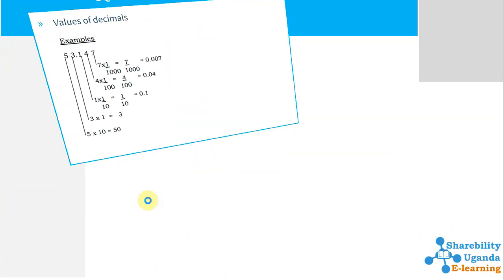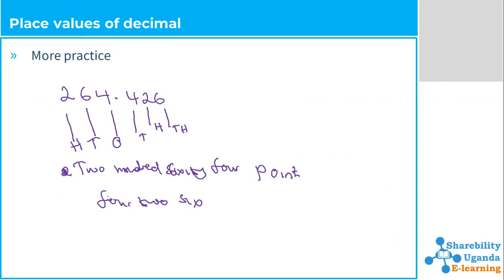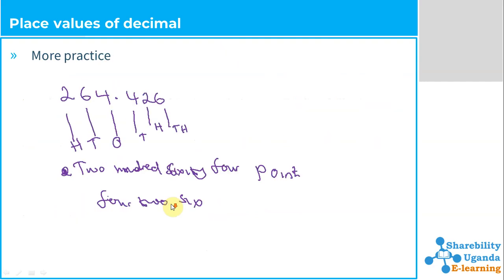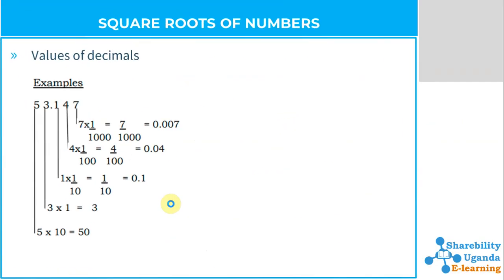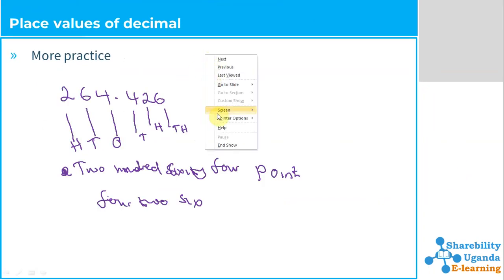Okay, so let's proceed to another number. We can have a variety here as they have given. So we had tried out number 1, number 2, then number 3. So should we try out one more? Yes, 101.2. Okay, I think you can get it.